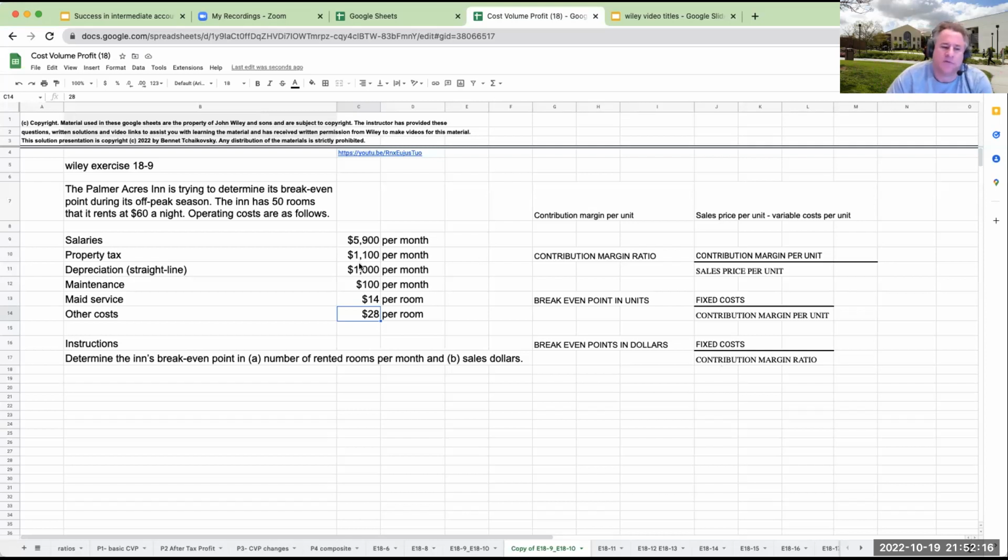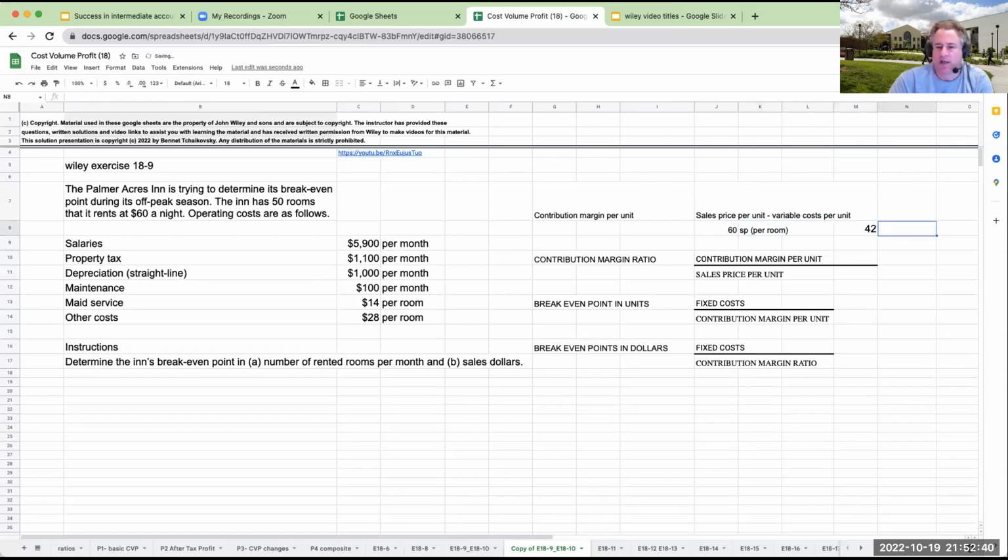If I have 50 rooms that I'm renting at $60 per night, that means my sales price per unit is going to be $60 per unit. Less my variable cost per unit, and that is going to be the 14, which is my maid service, plus the 28, or $42 per unit.